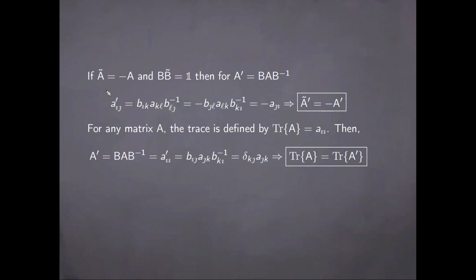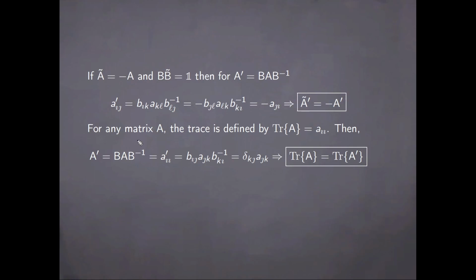For example, if A is antisymmetric and B is an orthogonal transformation, then if we perform a similarity transformation on A through B, it follows immediately through a very simple proof that antisymmetry is preserved under a similarity transformation.